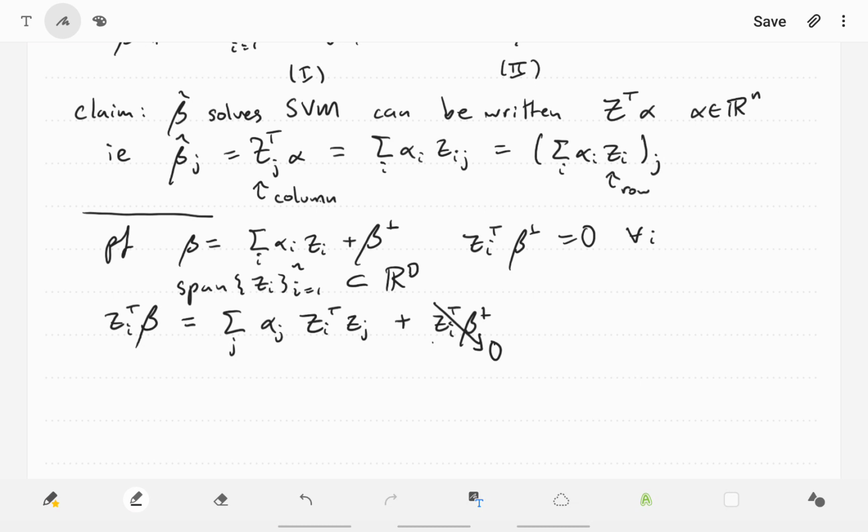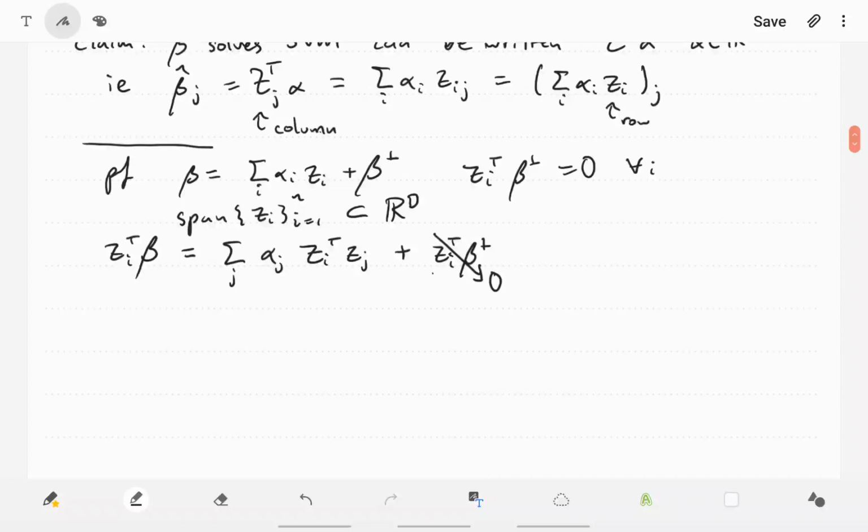Okay, so far so good. And this is equal to our zi, our row, transpose capital Z transpose alpha. It's another way to write this. That's just linear algebra.